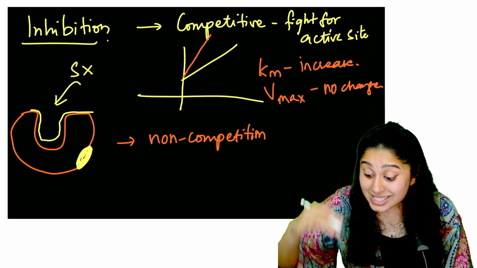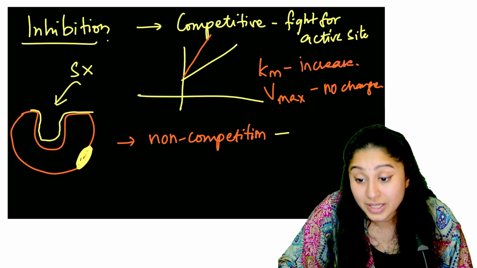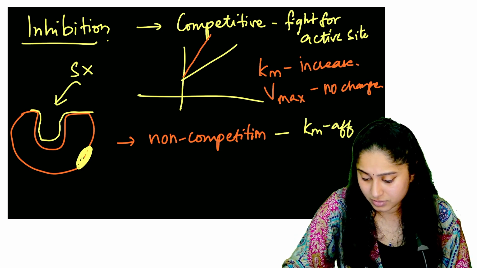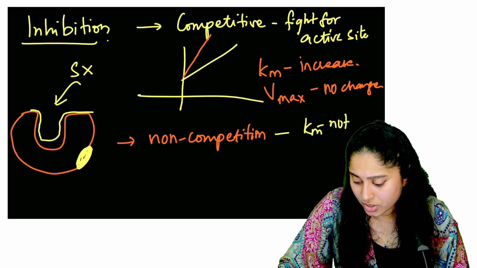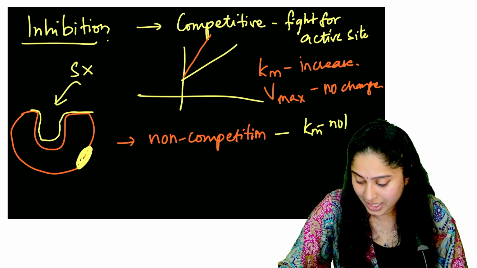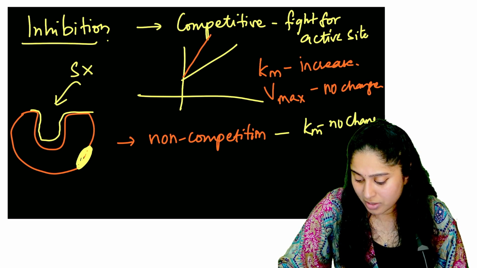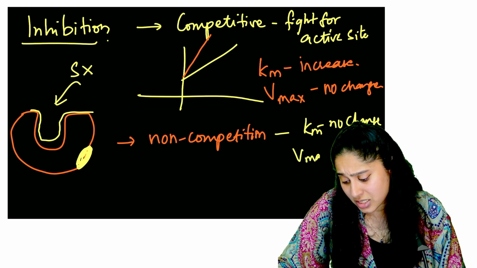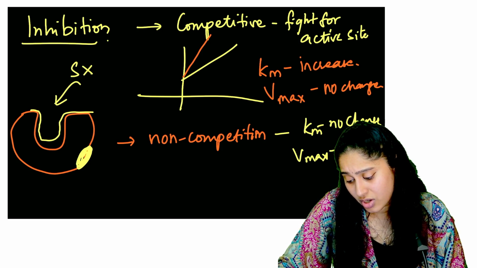Now in this kind of inhibition, what happens? My Km value is not affected, or no change, I can say. So no change in my Km value. But the Vmax is reduced. Why?